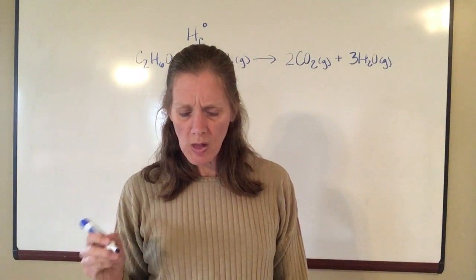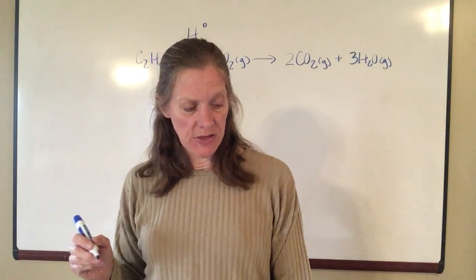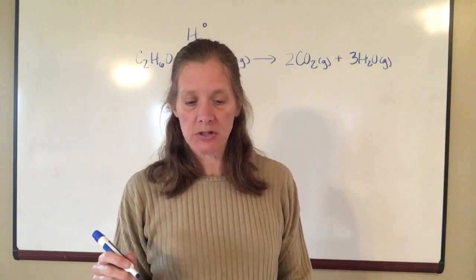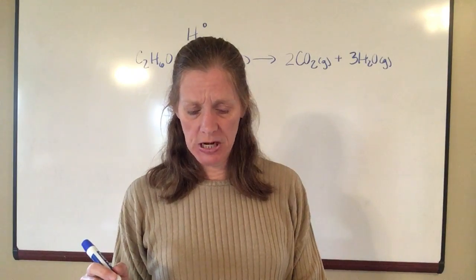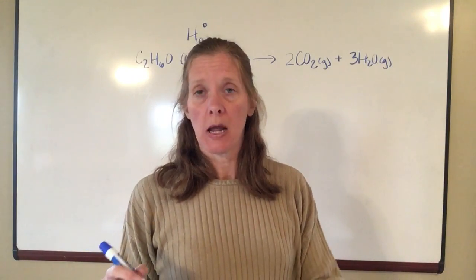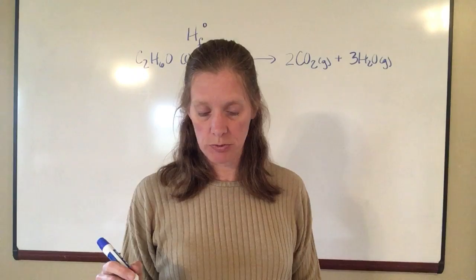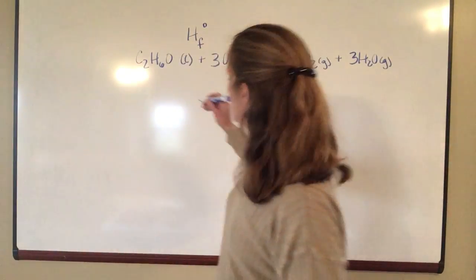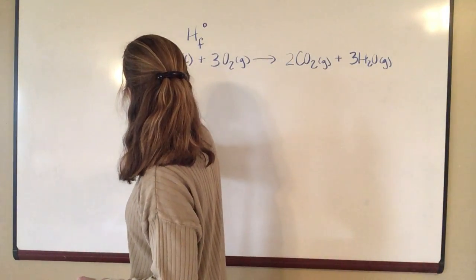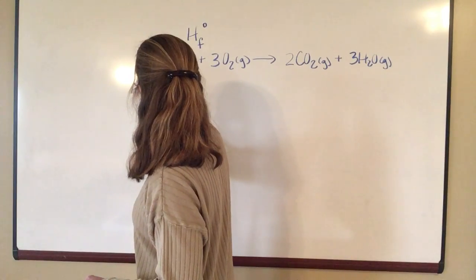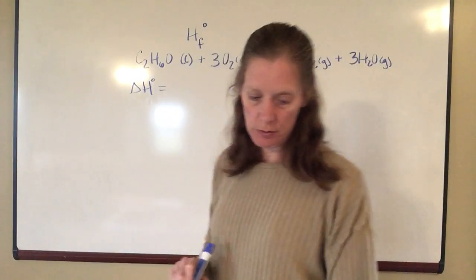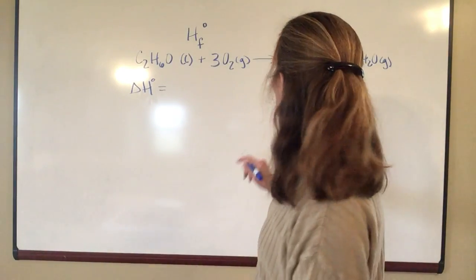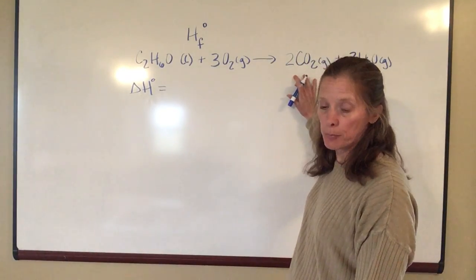Okay, so the next thing that you have to do is you have to have that table of standard enthalpies of formation in front of you in order to pull these numbers off. So the delta H for the reaction at standard temperature, and so I could put that little degree sign up there. I'm going to start with the products.